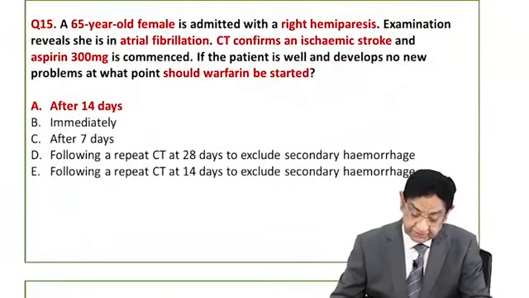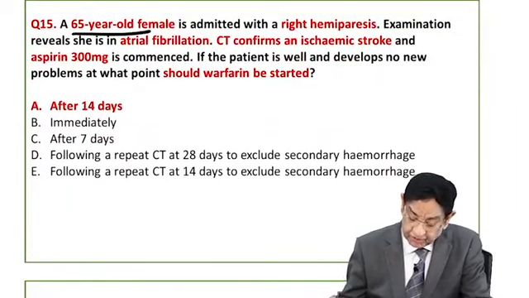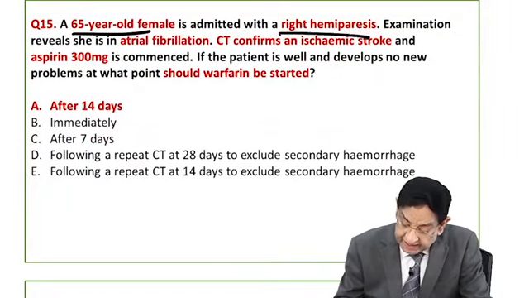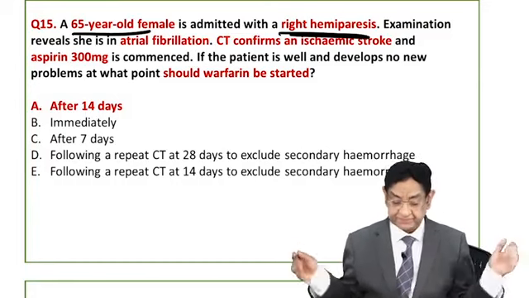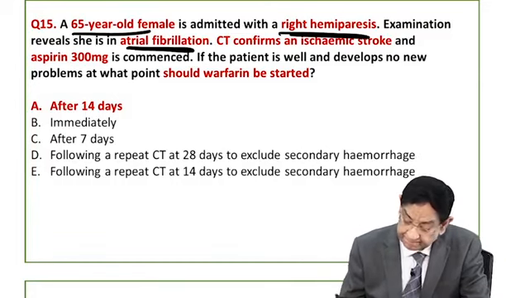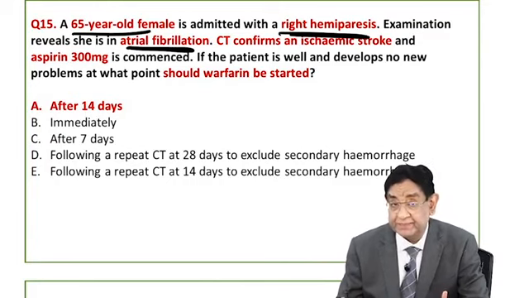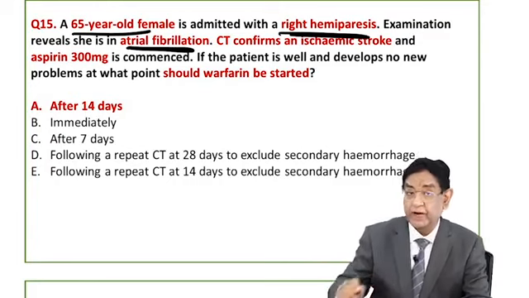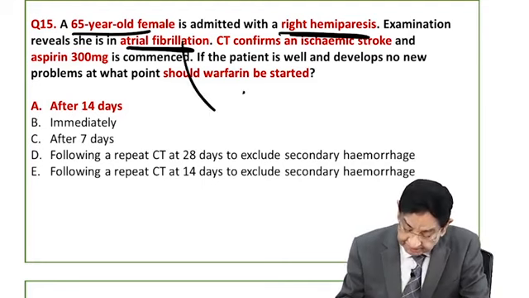Lovely question. We are getting a 65-year-old female with right hemiparesis, a stroke. She has atrial fibrillation, which can predispose to embolic phenomena.